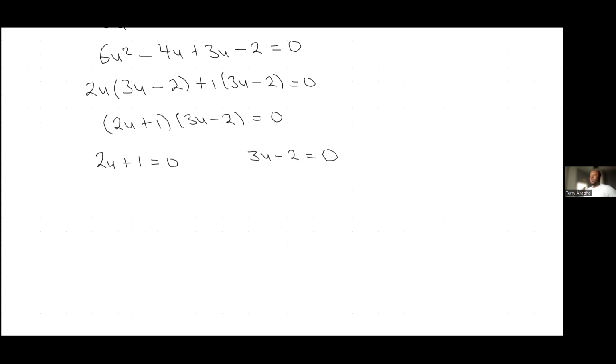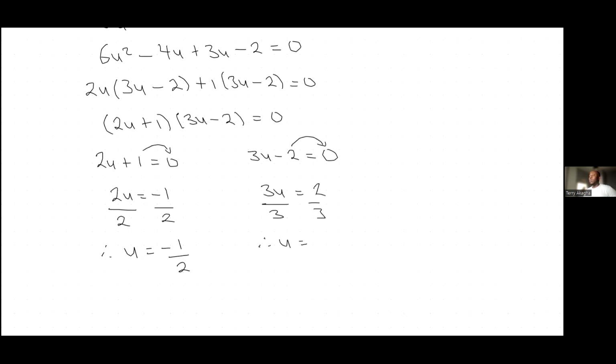So it's going to be 2u is equal to minus 1, and you divide both sides by 2. Therefore, u is equal to minus 1 over 2. The same thing, we're going to take minus 2 to the other side. So 3u will be equal to 2. Divide both sides by 3. So therefore, u will be equal to 2 over 3.